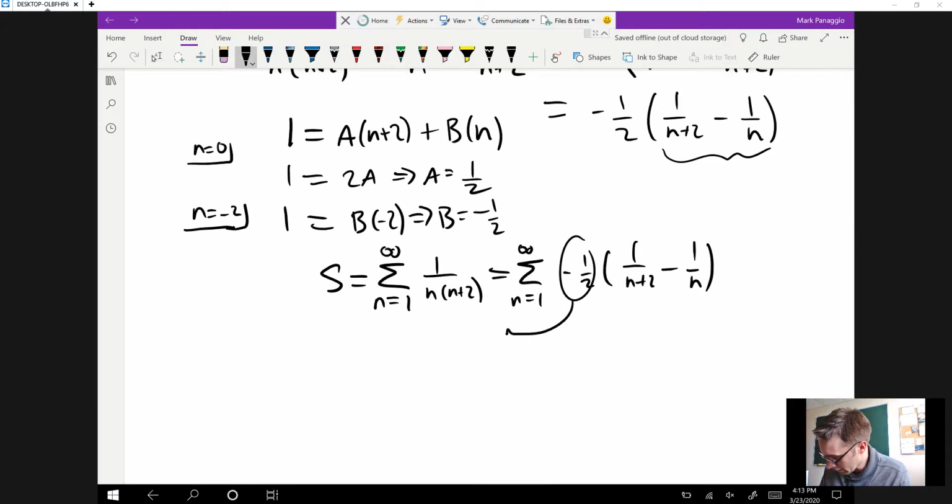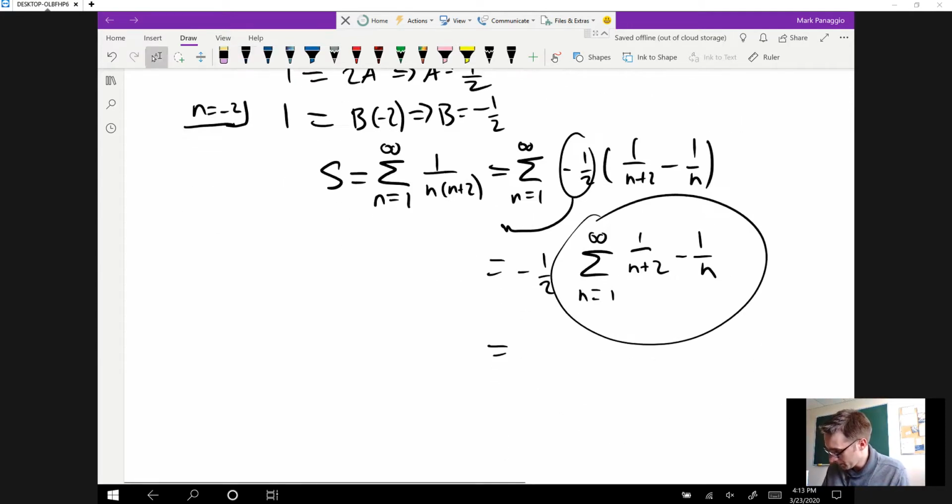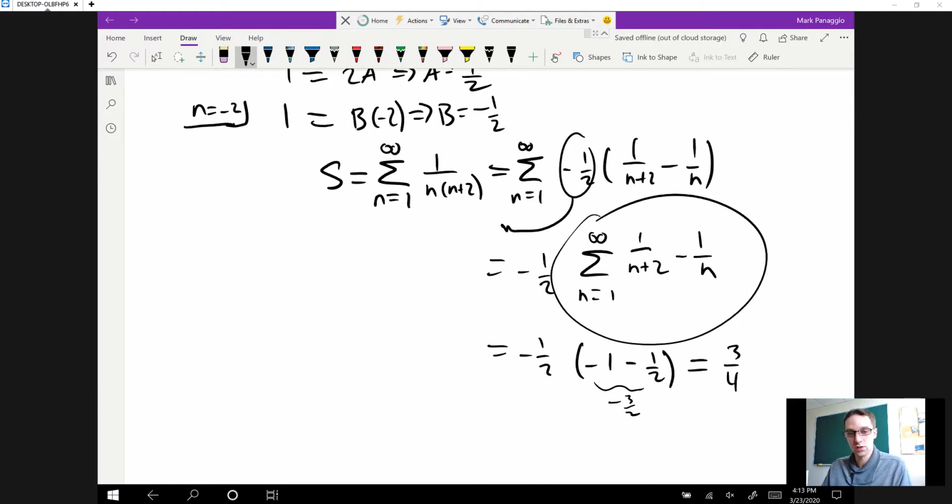This can be factored out since it's just a constant. And if we look back to the previous problem, we know exactly what that is. That sum we showed was negative 1 minus 1/2. And so our answer is just going to be, let's see, this is negative 3/2, and so we'll just get 3/4.